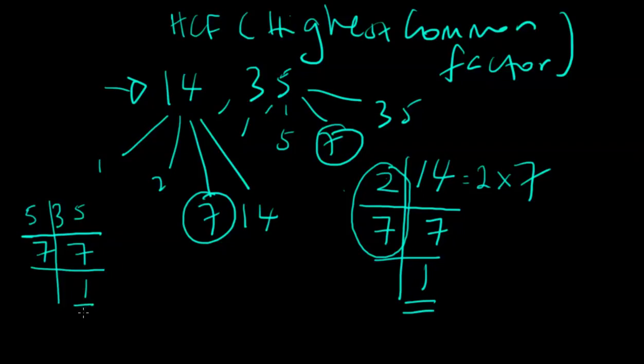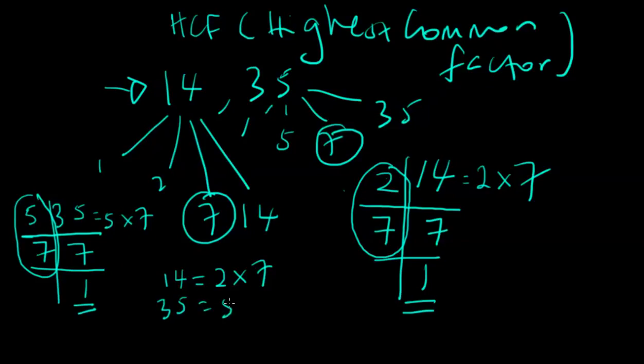So once you reach 1, you know that you have expressed 35 in prime factors. So 35 is equal to 5 times 7, right? So you put the numbers side by side. So basically, 14 is equal to 2 times 7, and 35 is equal to 5 times 7.